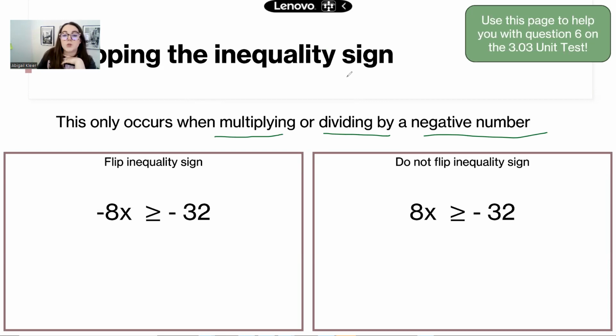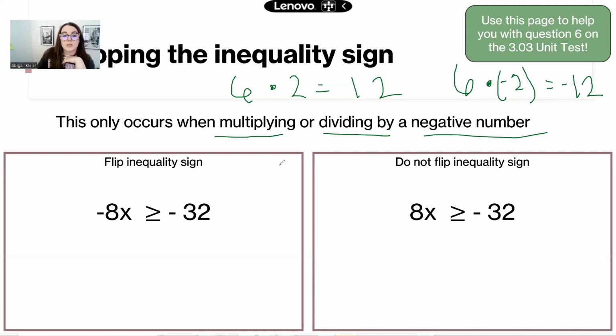So what happens when you multiply or divide by a negative number? Well, we know from unit 1 of this year that if you have a positive number, like say 6, and you multiply that by a positive number, well, your answer is still positive. However, if you have a positive number and you multiply that by a negative number, then your solution will become a negative.